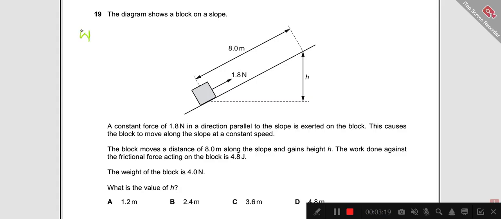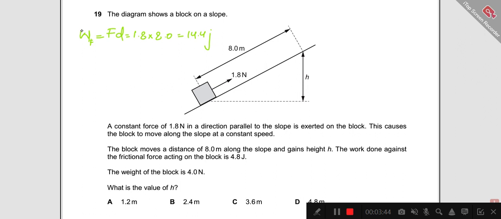So work done by the applied force F should be the applied force F times the displacement in the direction of force, right? Applied force was 1.8 and the displacement traveled in the direction of applied force was 8. Let's multiply these two. We'll get 14.4 joules of work that is done.